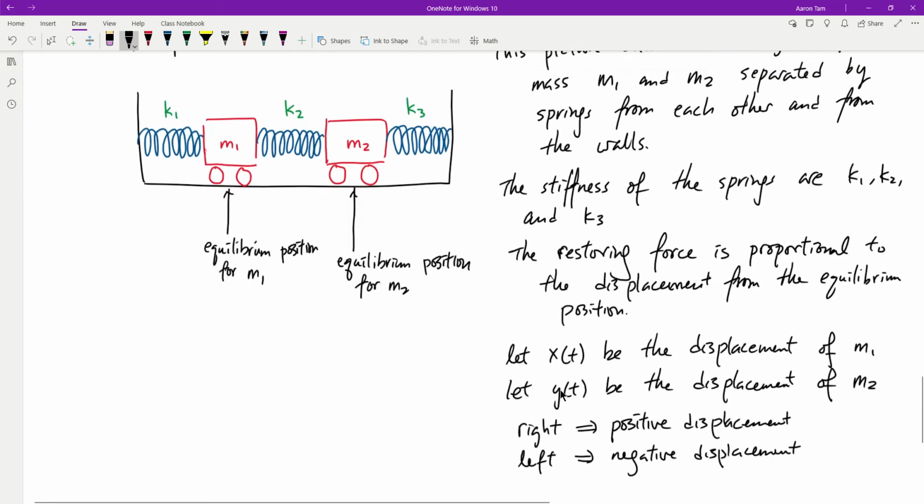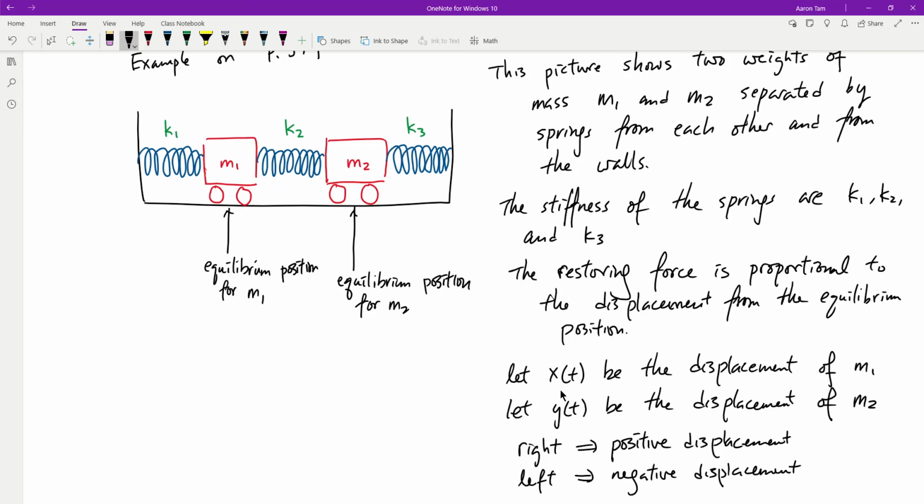So now comes the question, how do I describe the movement of these two things? The way to describe the movement of these two things is to work out the forces involved in each of these masses. So let's try to figure it out.